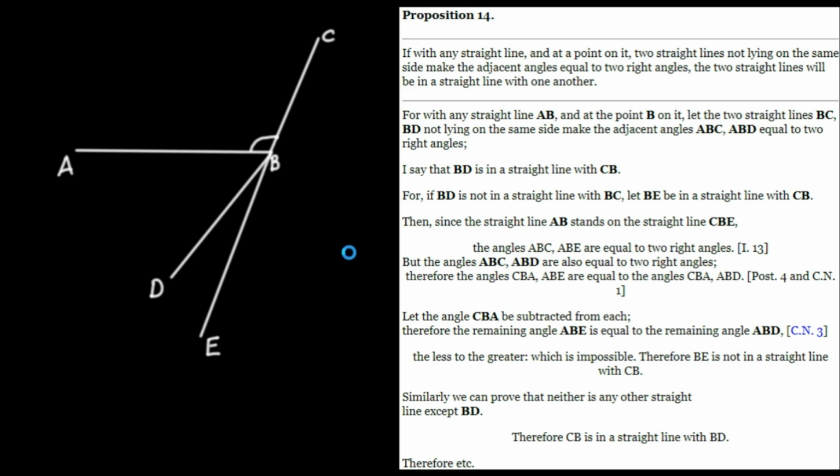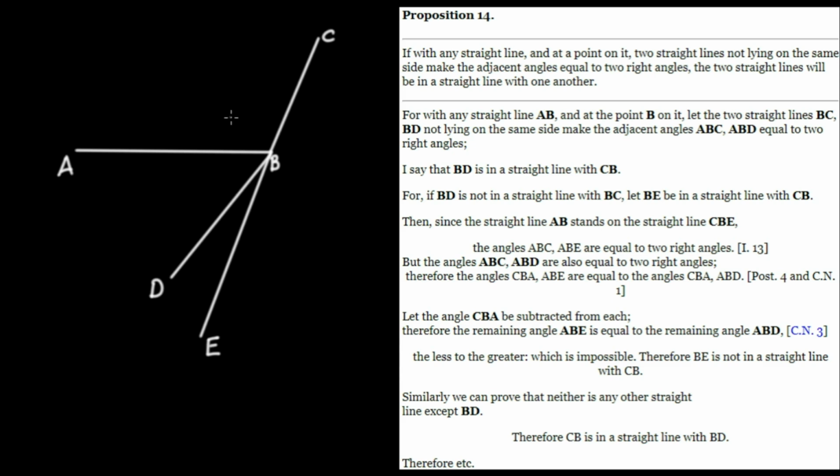But the angles ABC, where's ABC? That's right here, and ABD are also equal to two right angles. Remember, that was the given, that these two are equal to two right angles.